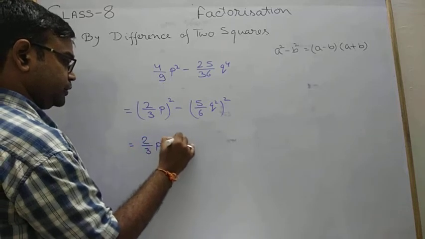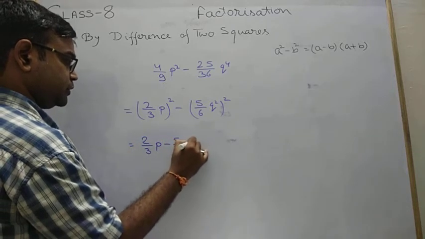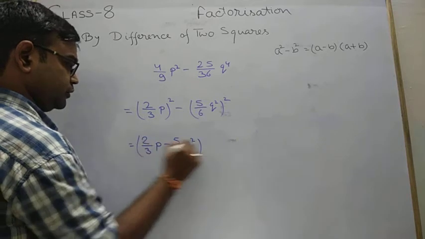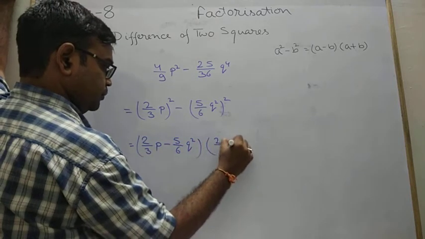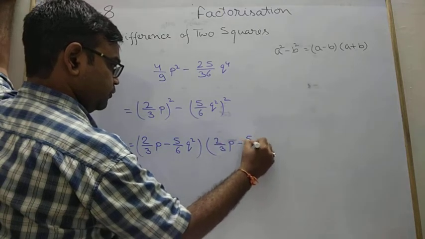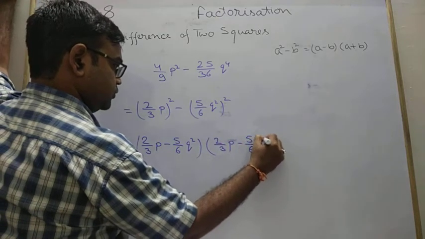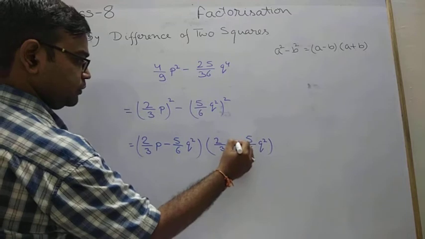So 2 upon 3 p minus 5 upon 6 q square, and 2 upon 3 p plus 5 upon 6 q square.